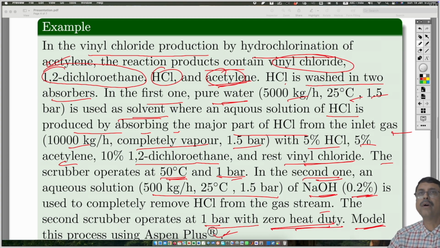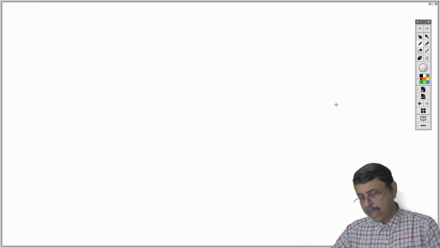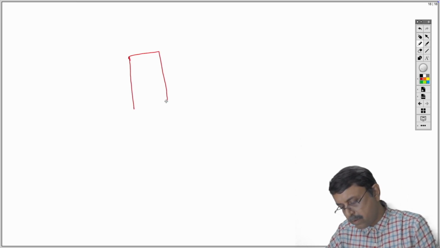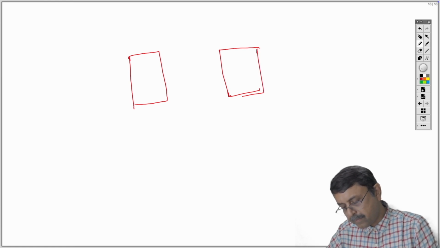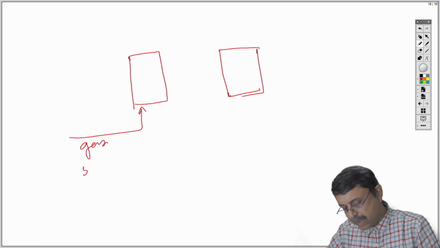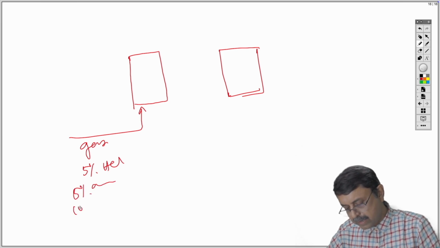Okay. So basically what we now have to do is we have to have 2 scrubbers in series. In the first scrubber, we have a gas stream. In this gas stream, we have 5% HCl, 5% acetylene, 10% 1,2-dichloroethane, and 80% vinyl chloride.